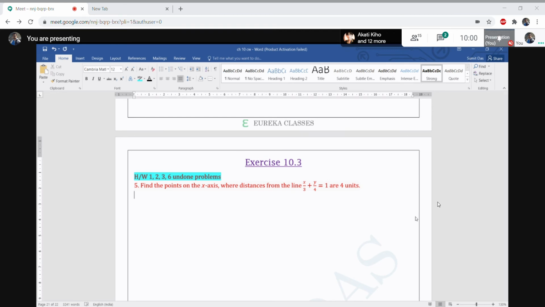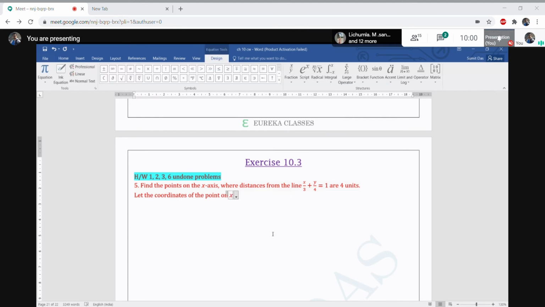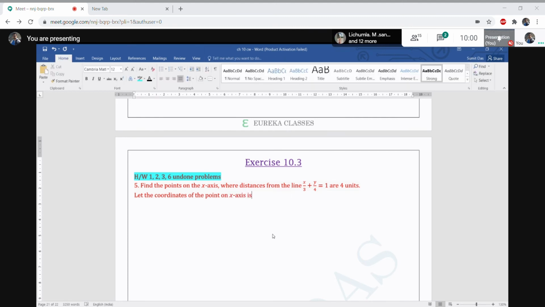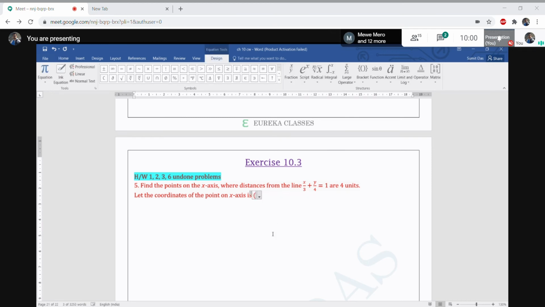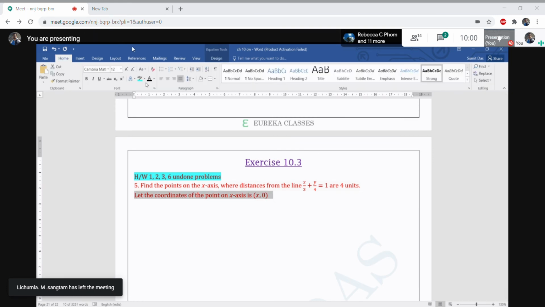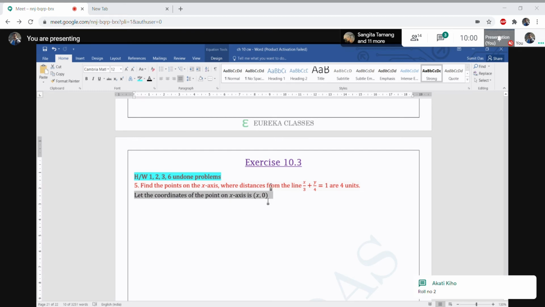Let the coordinates of the point on the x-axis be x comma 0, because on the x-axis the y coordinate is 0, right?